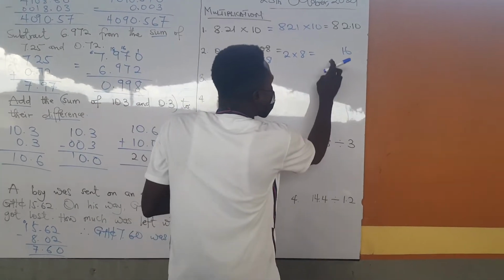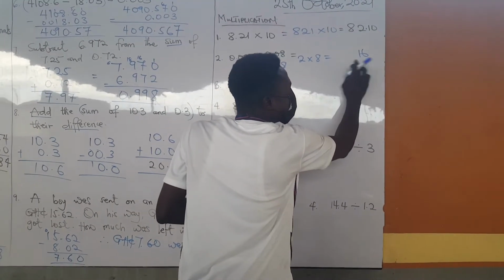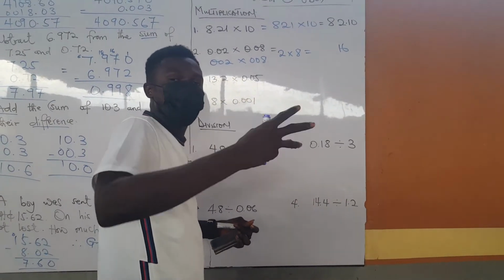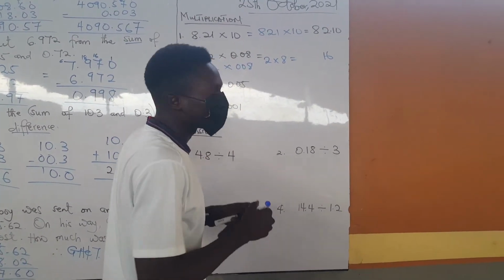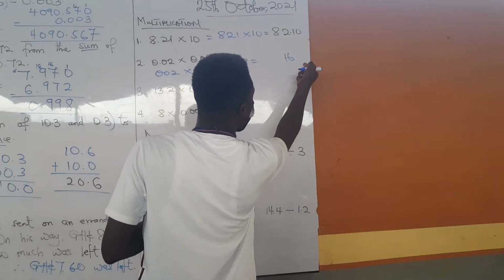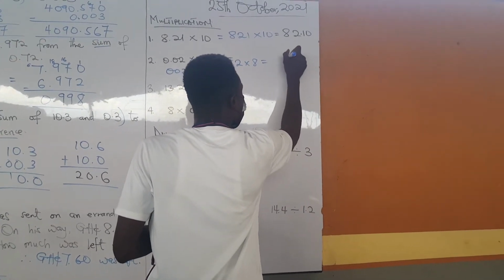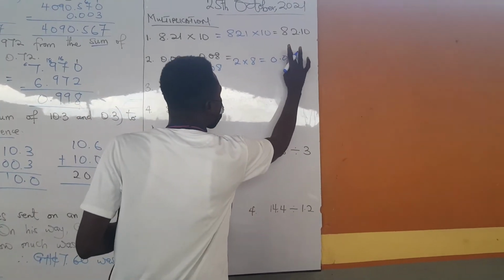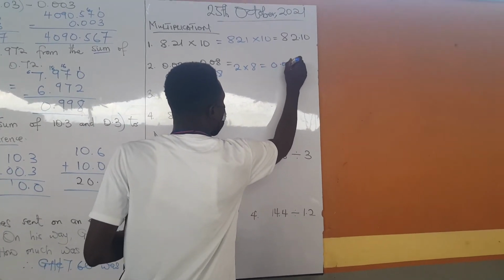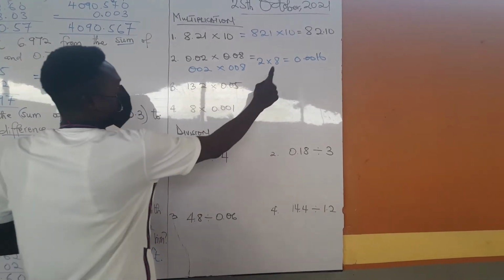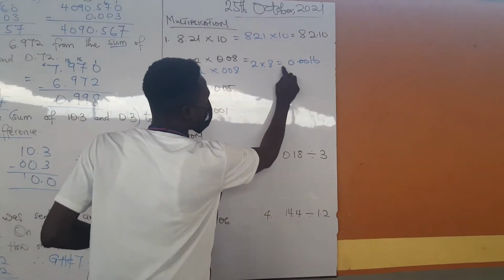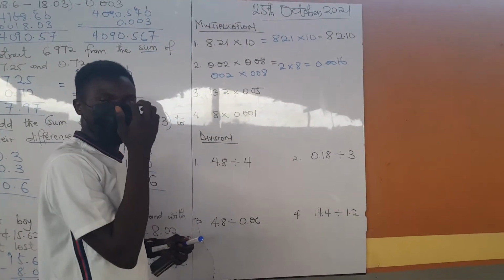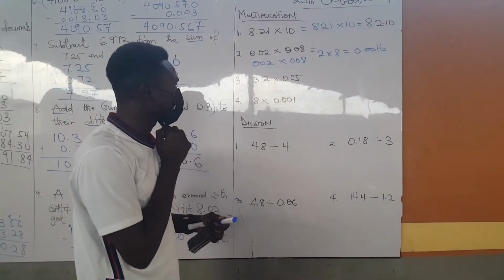So we also have to make sure that the answer we have here has 4 numbers after the decimal point. So I have 2 here already. So what do I do? Bring zeros in front, 0.0. So putting this together and multiplying gives 0.0016 as our final answer.